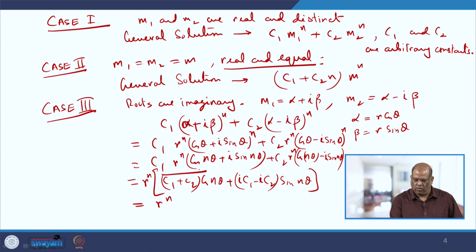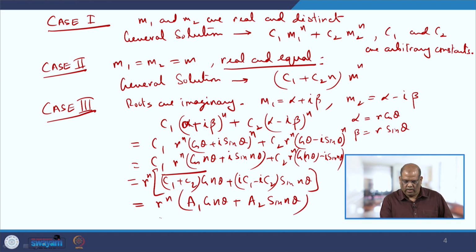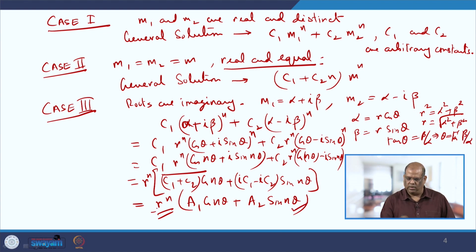So, I replace these whole things by other constants, say A1 cos n theta plus A2 sin n theta, where r is given by, if I just square them, r square is alpha square plus beta square. So, r is the square root of alpha square plus beta square, and tan theta is equal to beta by alpha. So, your theta is equal to tan inverse of beta by alpha. So, you can get what is theta and what is r.